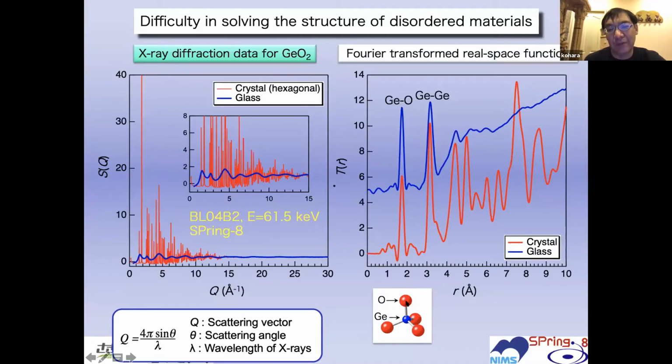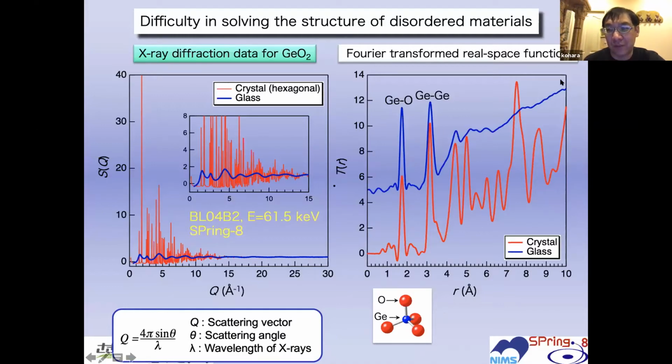This is corner-shared, with oxygen atoms shared at the corner, so this is a corner-sharing motif. This is the germanium-oxygen correlation peak, and if we integrate the area, we can get a coordination number. The coordination number of oxygen atoms around germanium is 4.